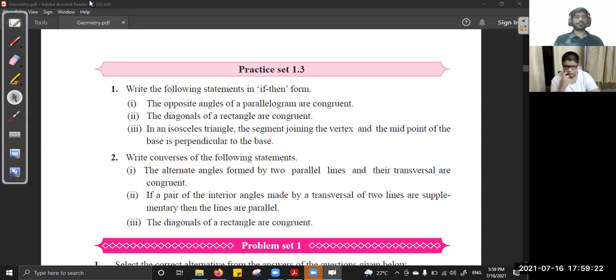Done, sir. Okay, how about the third one? In an isosceles triangle, the segment joining the vertex and the midpoint of the base is perpendicular to the base. How will you do this?